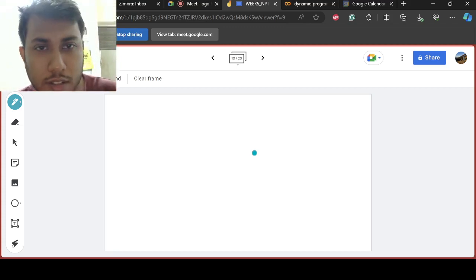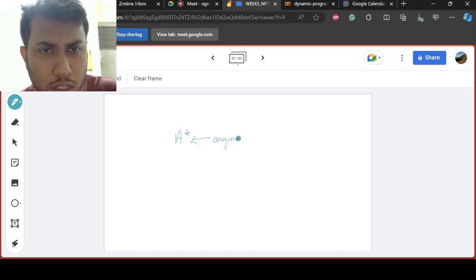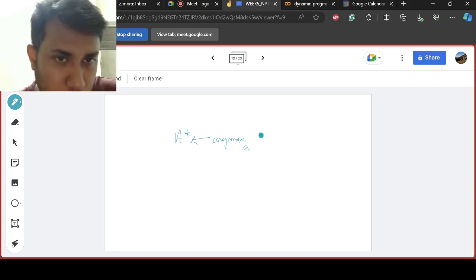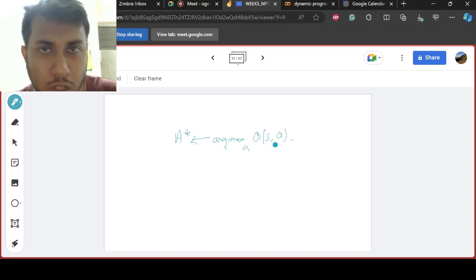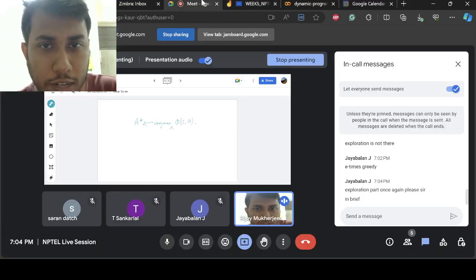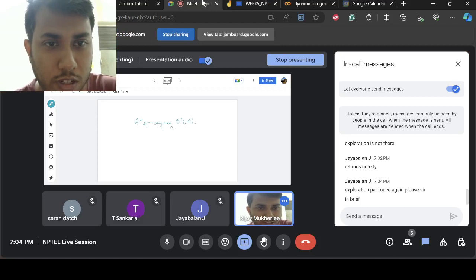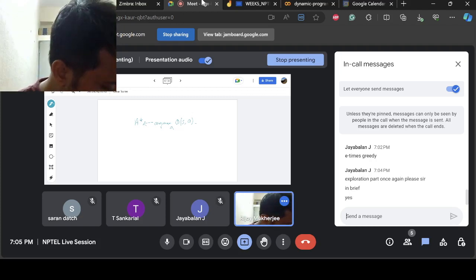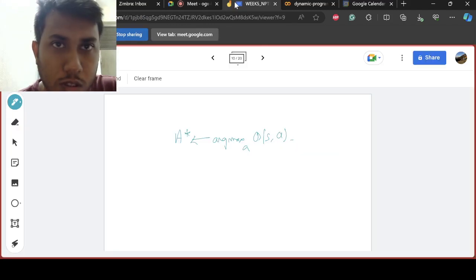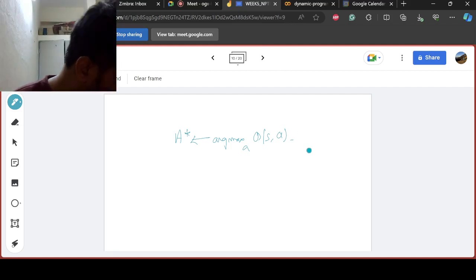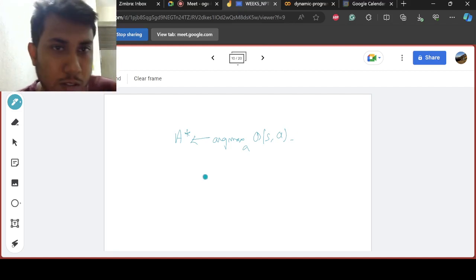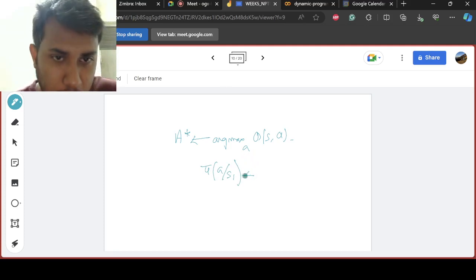So this is the action you are selecting every time, based on your value function. This one you understand, right? Now let's say you have this probability of selecting action A. You update this probability.